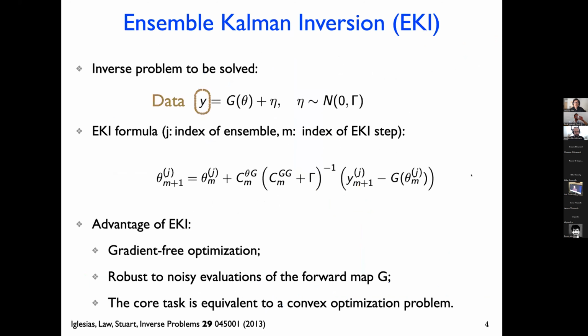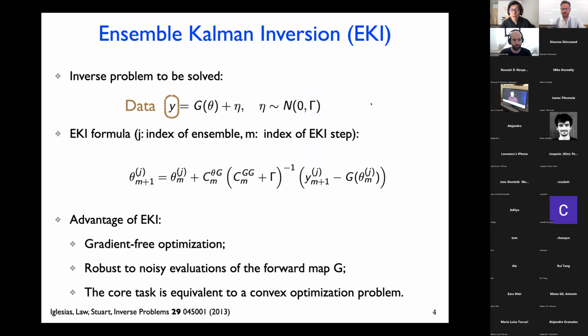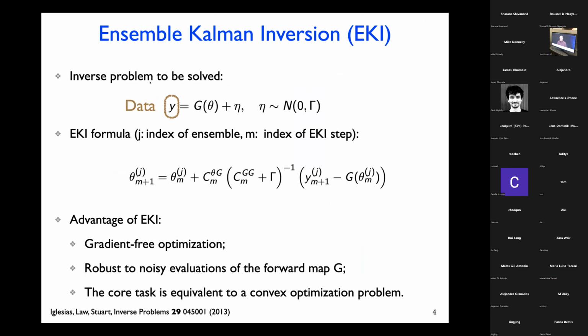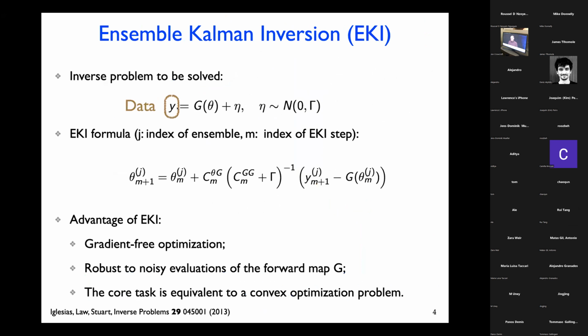Okay, so here I briefly introduce the formula of ensemble Kalman inversion, which is the specific method we use in this work. So the inverse problem in general form is presented at the top of this slide that we want to solve.